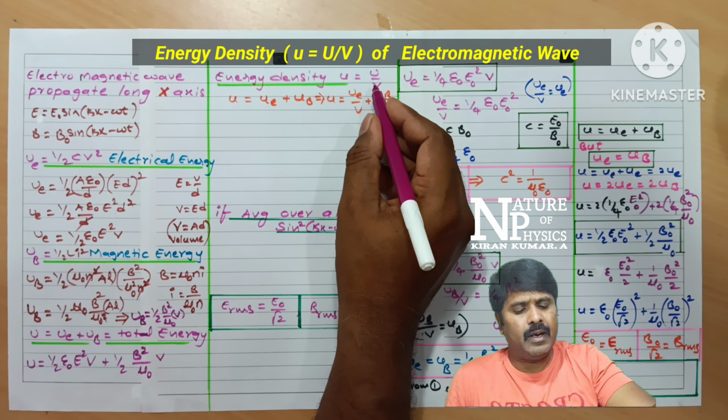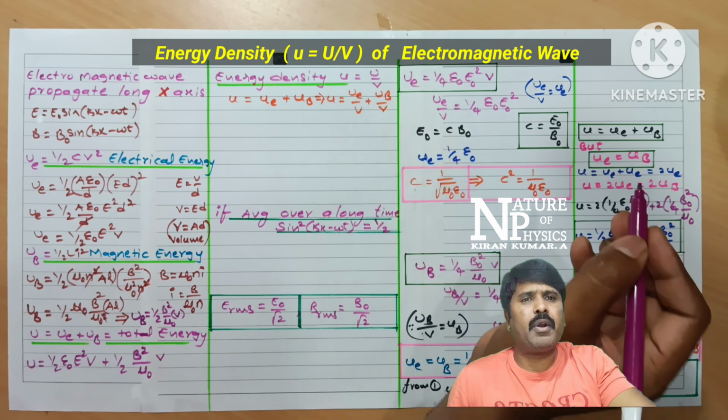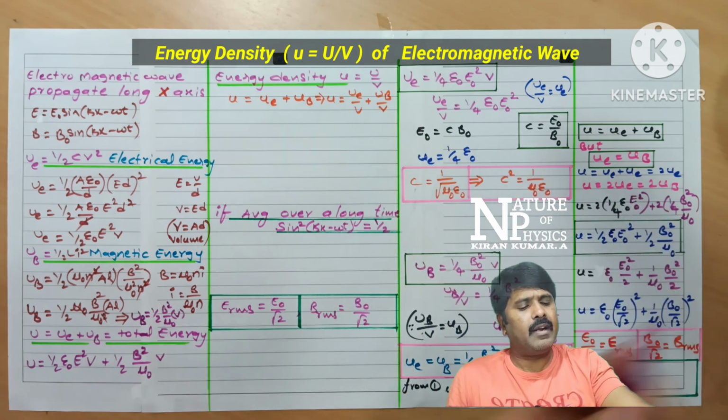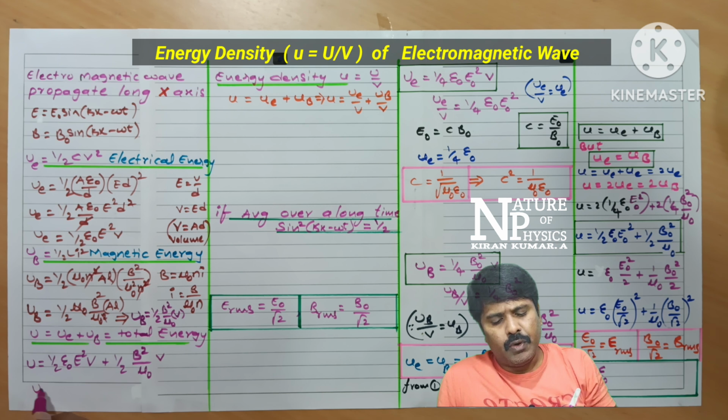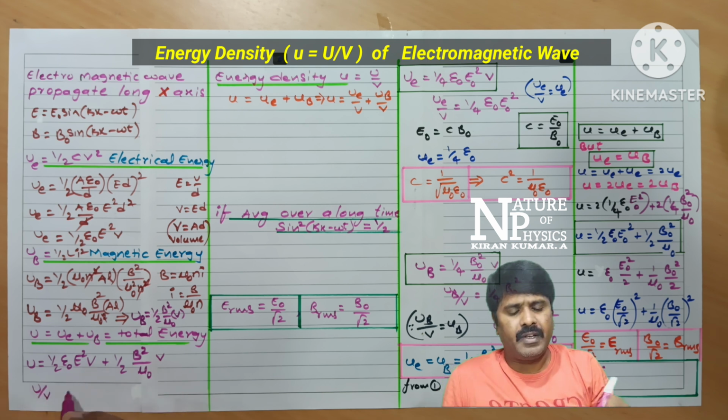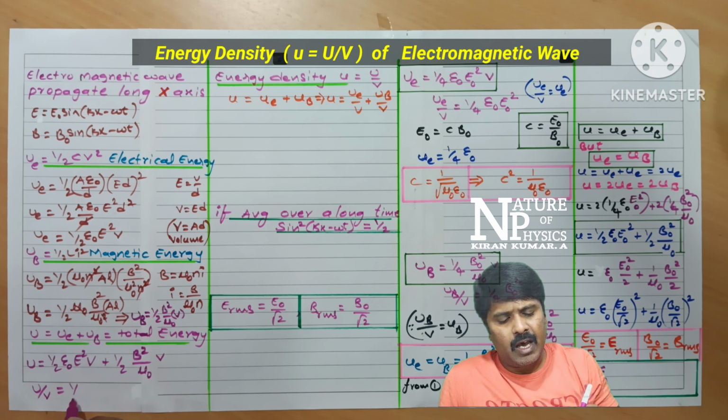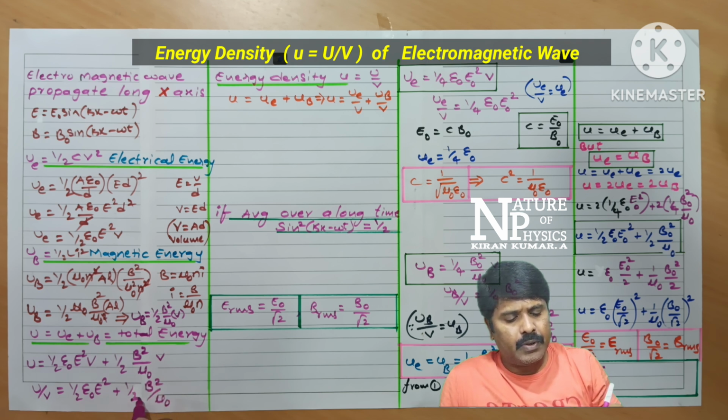What is that? Energy density. Energy per unit volume is written as energy density, so U divided by V on the common RHS side is half into epsilon naught E square plus half into B square divided by mu naught, student.